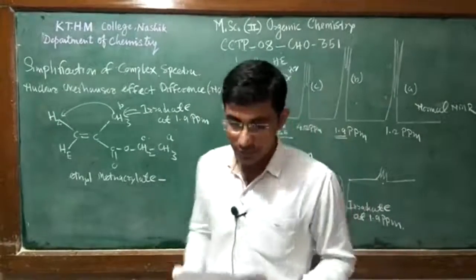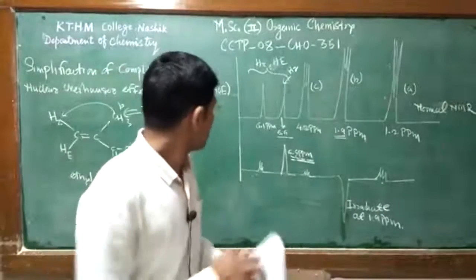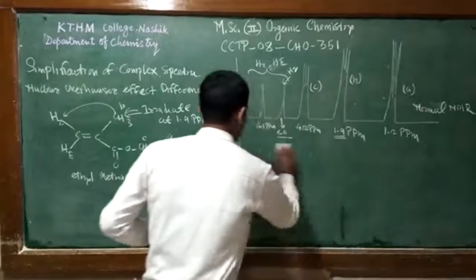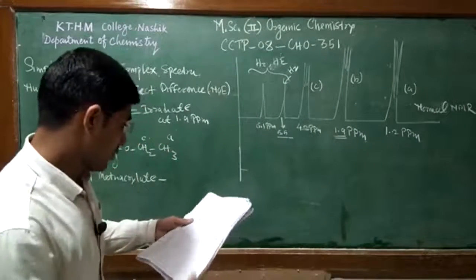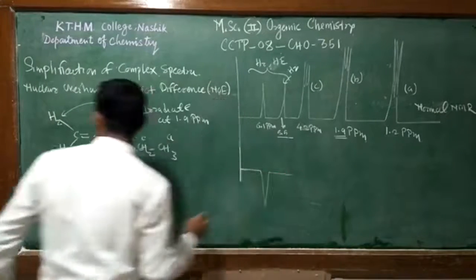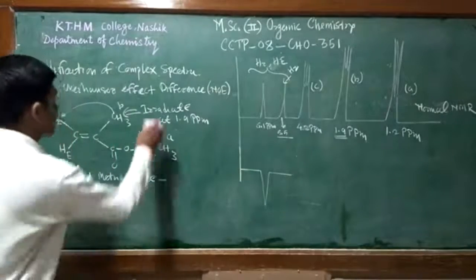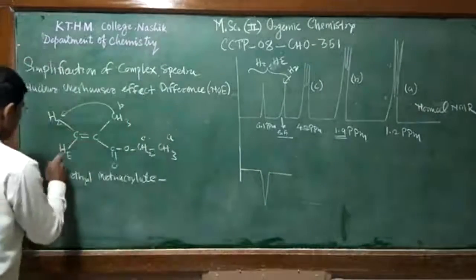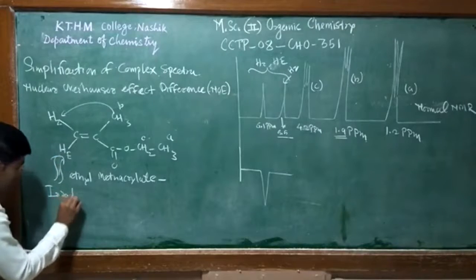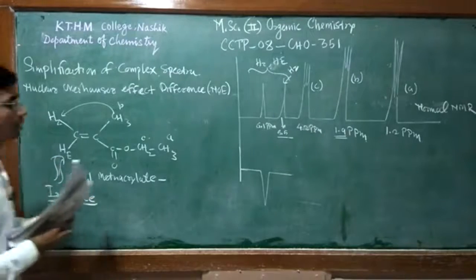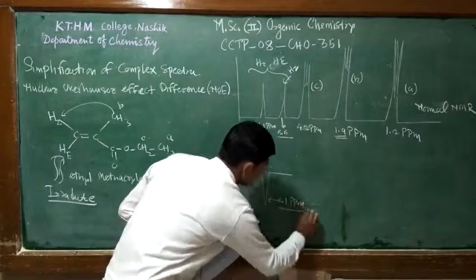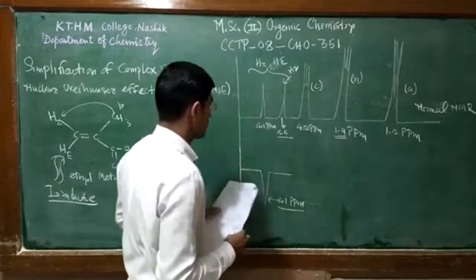Also, if you irradiate this proton, irradiation at 6.1 ppm, it shows a negative signal.